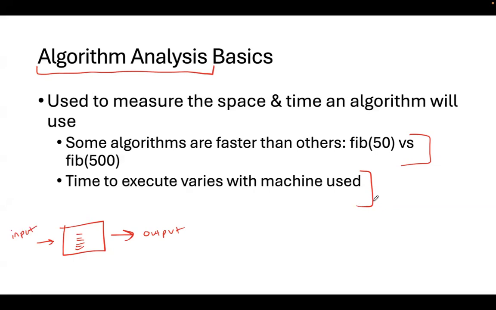And even compared with my computer, a supercomputer will probably do things a lot faster. So the time that it takes to execute can vary. And so that's why we need some sort of objective measure. We need a way to say, in general, this algorithm does well or does not do well. We need a way to express that.